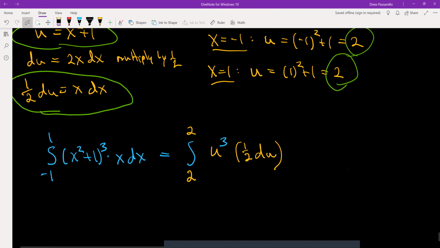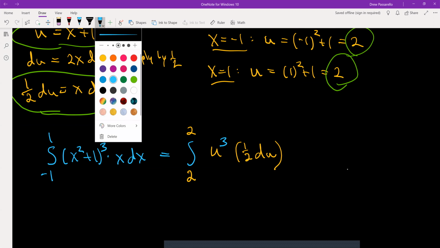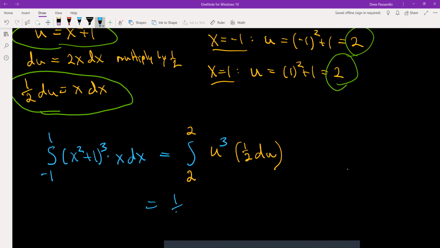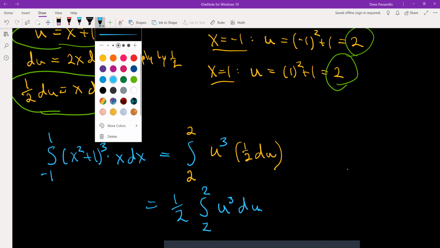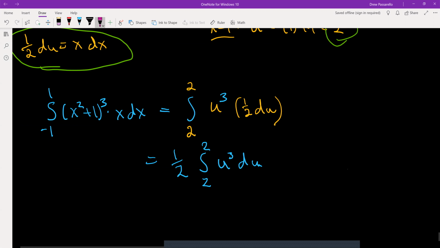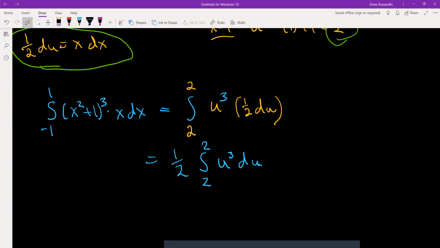And you could factor out the 1/2. So I have the integral of u cubed. So 1/2, and then 2 to 2, and then u cubed du. Now there's a property of definite integrals that if you were to do the reading in the textbook, notice I have the same limits of integration.